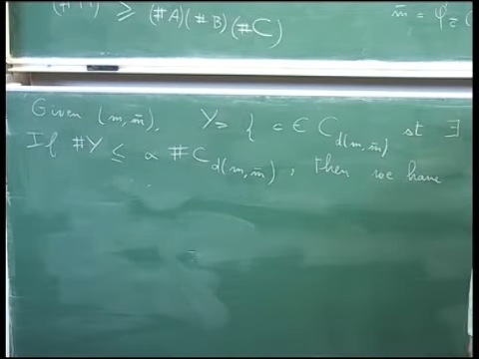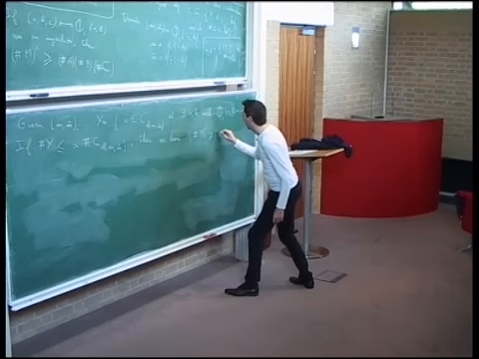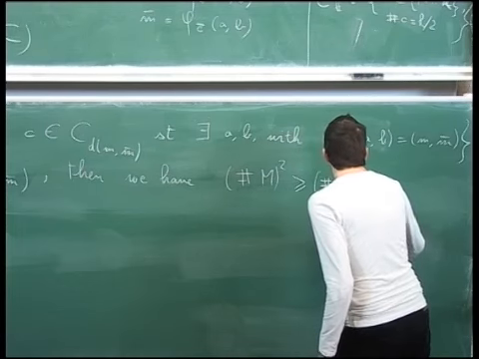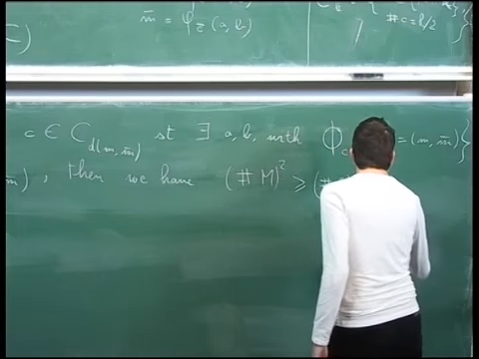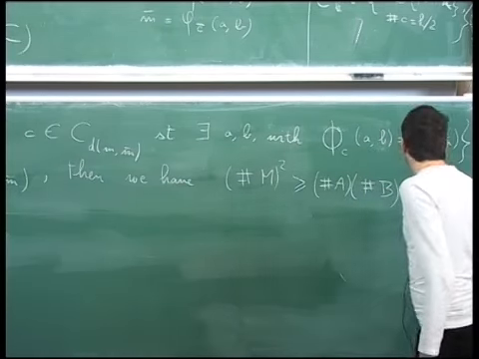Number of midpoints squared is at least the number of points in A, the number of points in B, times alpha.